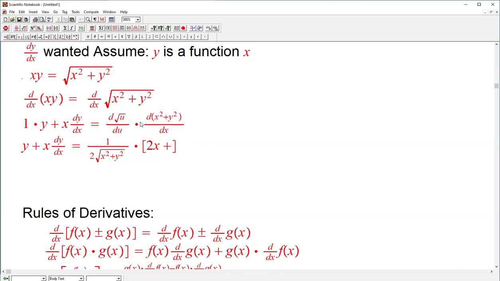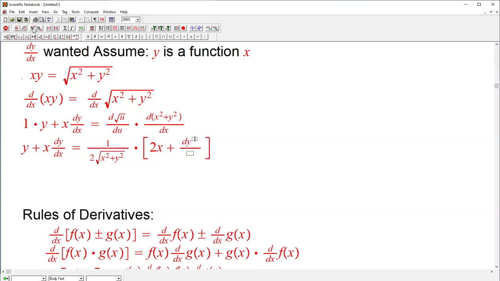And then the derivative of y squared with respect to x, we're going to apply chain rule again. So how does it work? We're already pretty familiar with it. So that's going to be 2y dy dx. That's when we differentiate y squared with respect to x, we use chain rule.